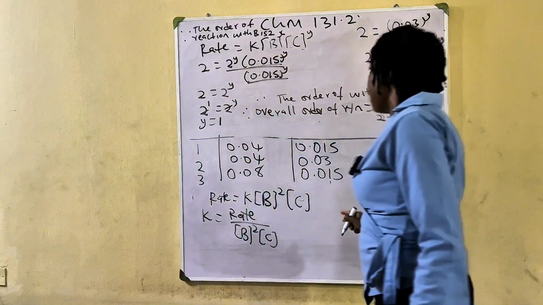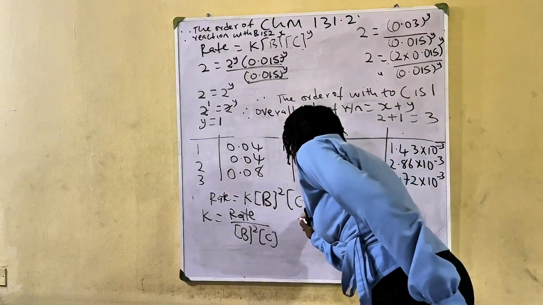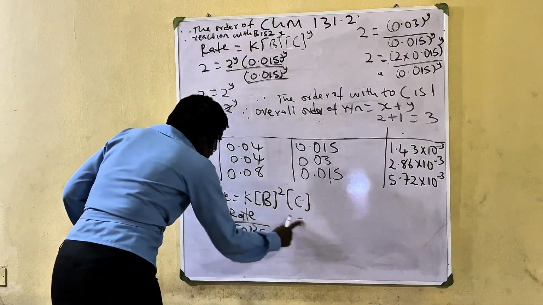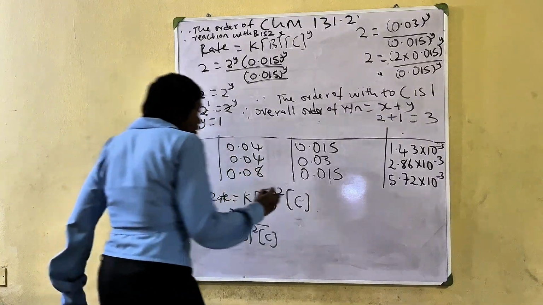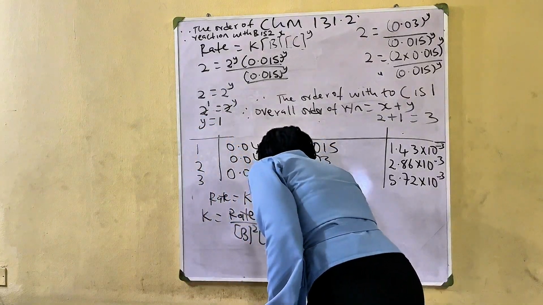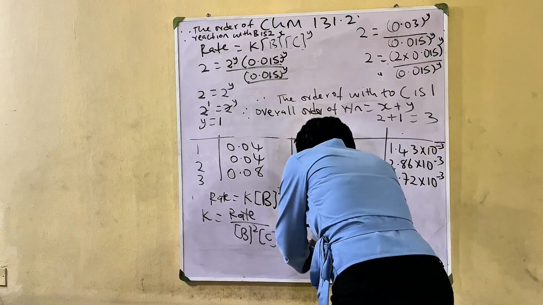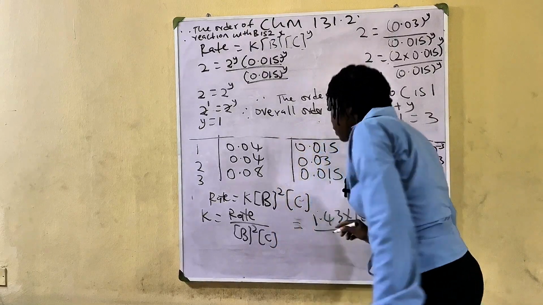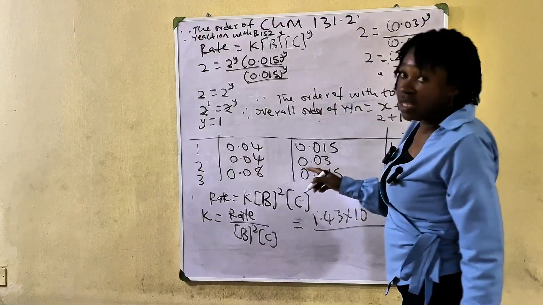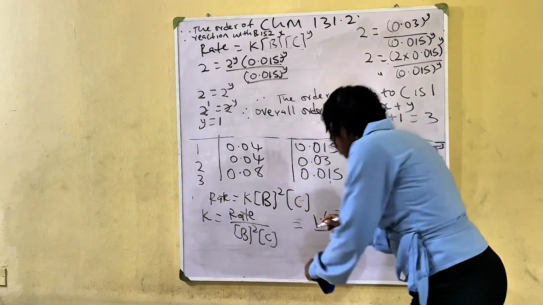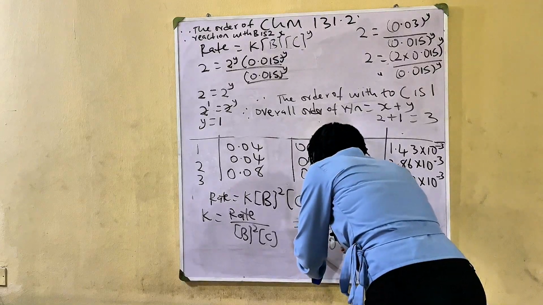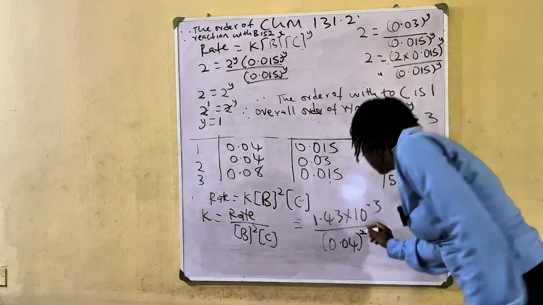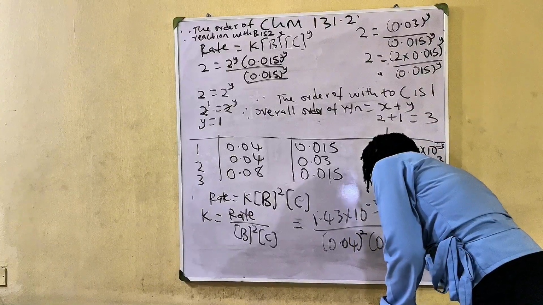So for experiment 1, rate is 1.43 times 10 raised to the power minus 3 all over, what's the one for B1? B is 0.04 raised to the power 2 multiplied by the one for C, 0.05, 0.015.